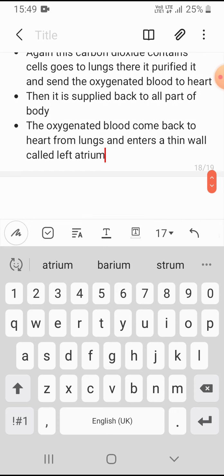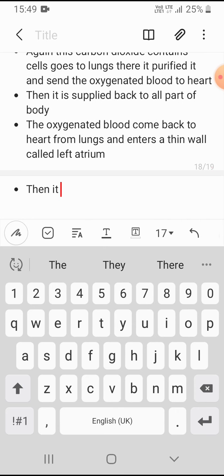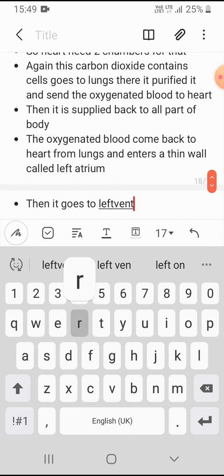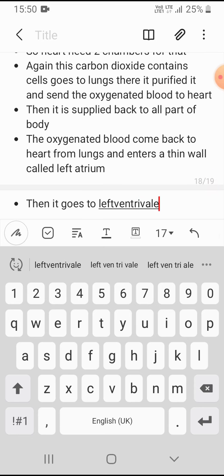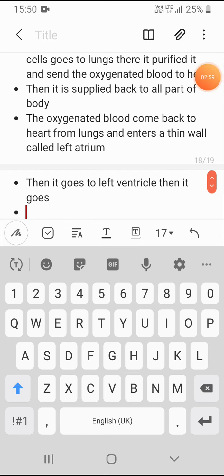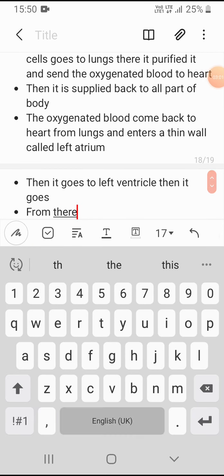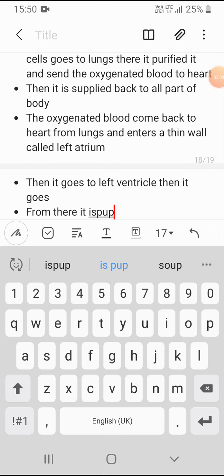Then it goes to the left ventricle, and from there it is pumped to all parts of the body.